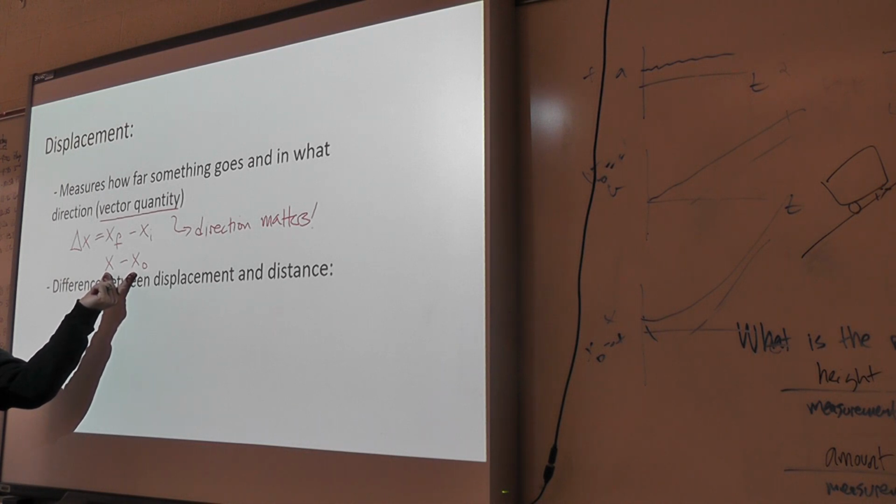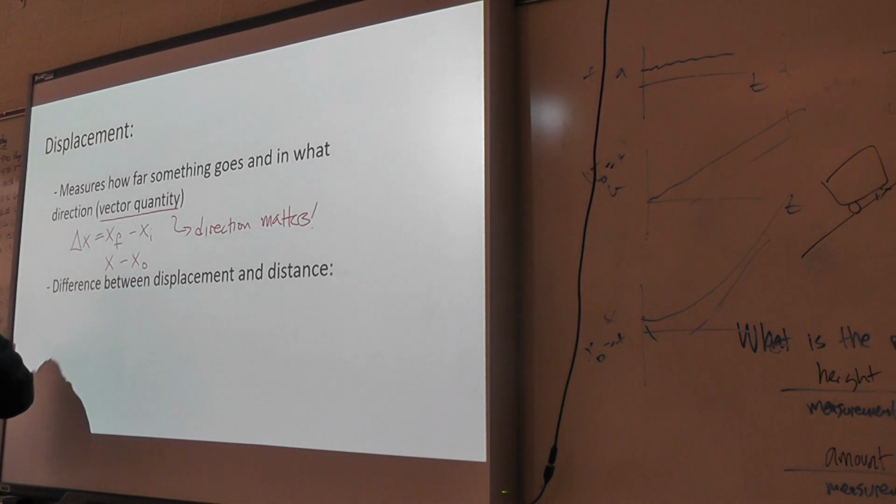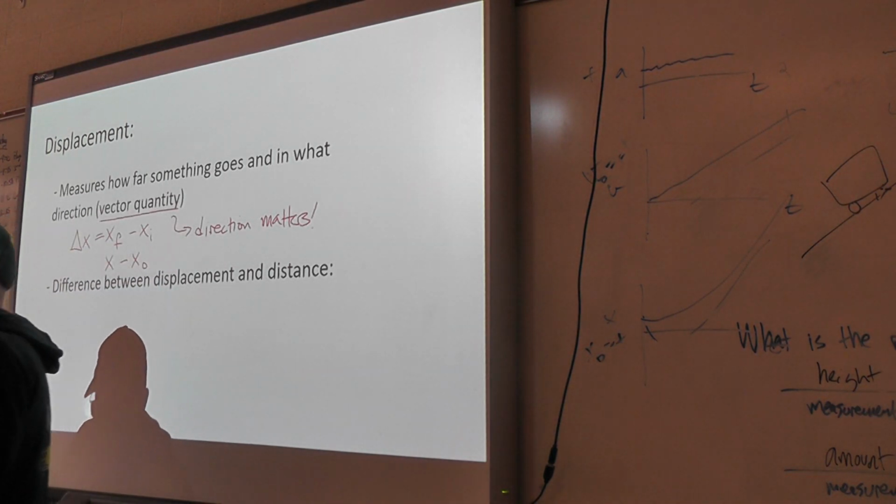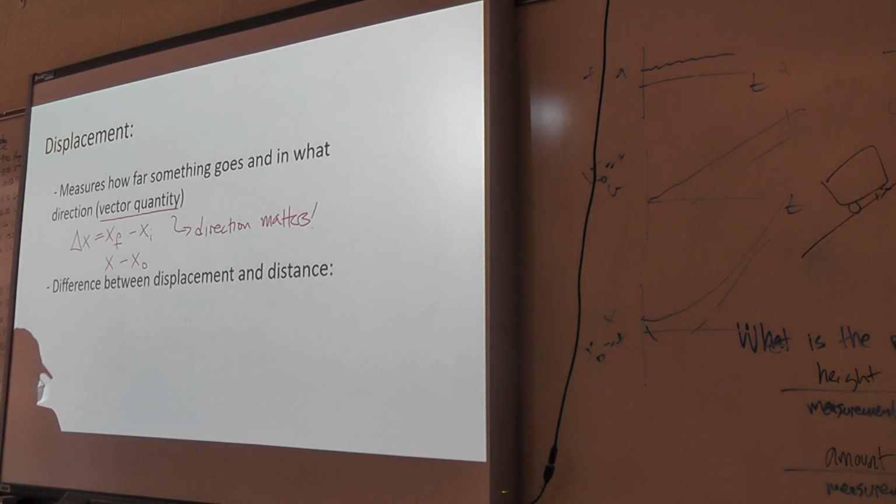If it's positive, we know we moved in the positive direction on our axis. If it's negative, we moved in the negative direction on our axis. Mathematically, using positive and negative as our directions is much easier than using, say, left and right or up and down. Okay? It's way easier because the math will tell us the direction.